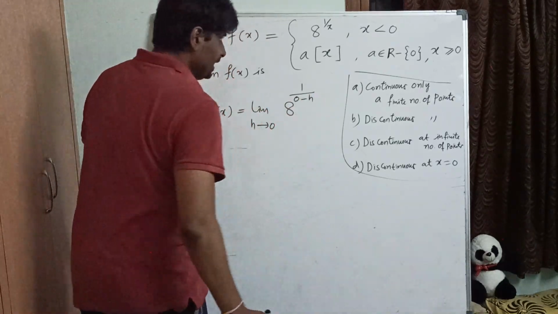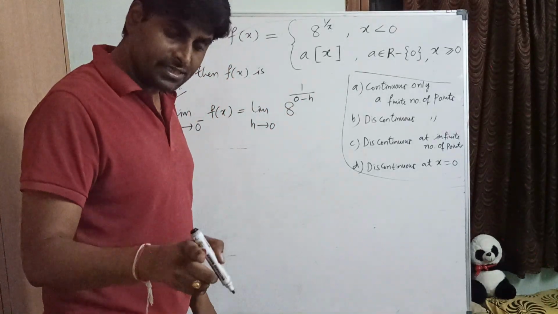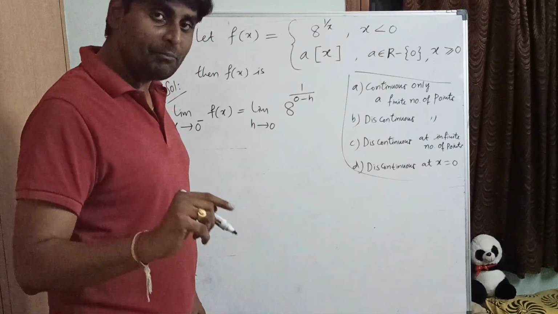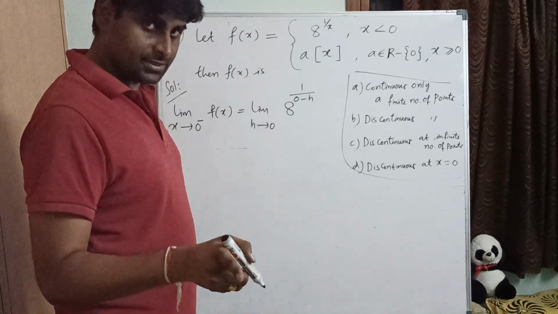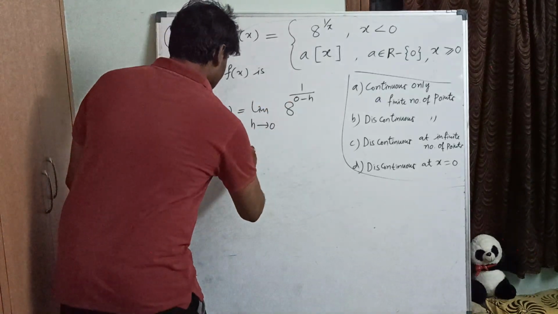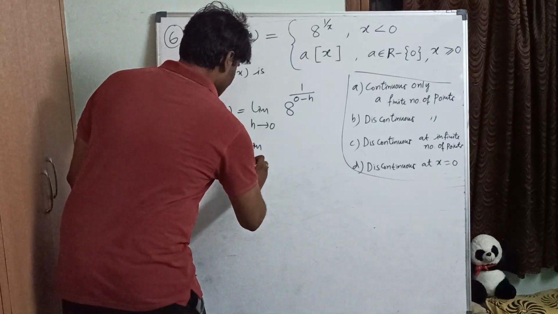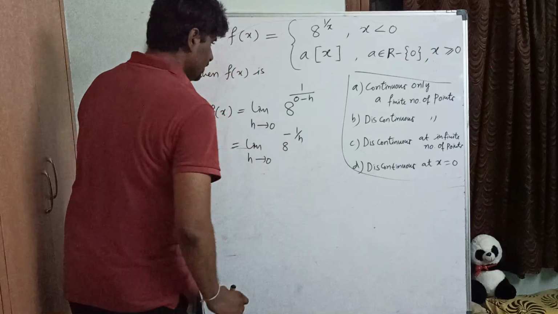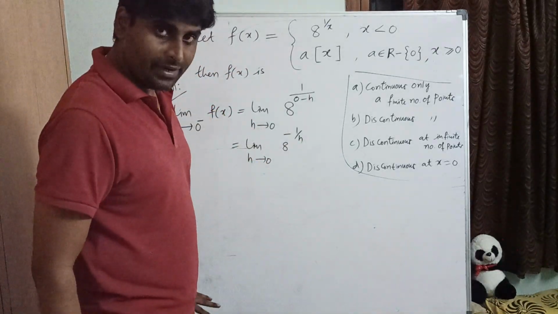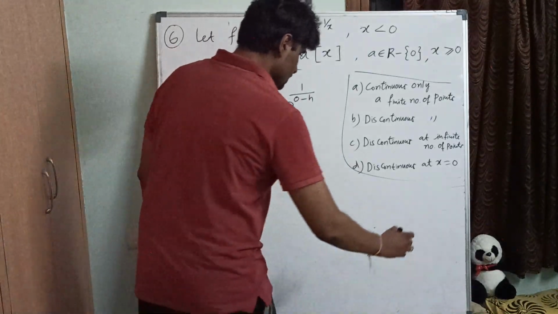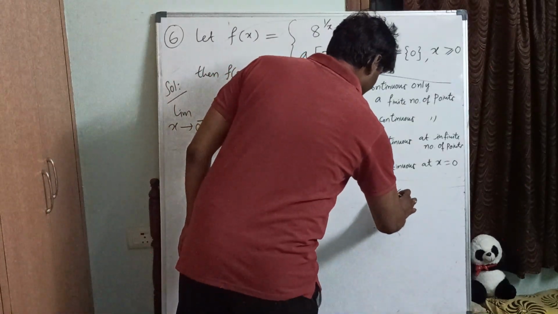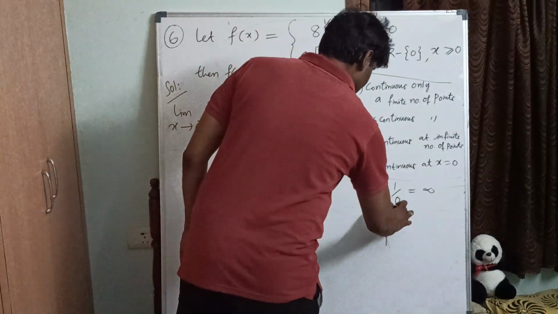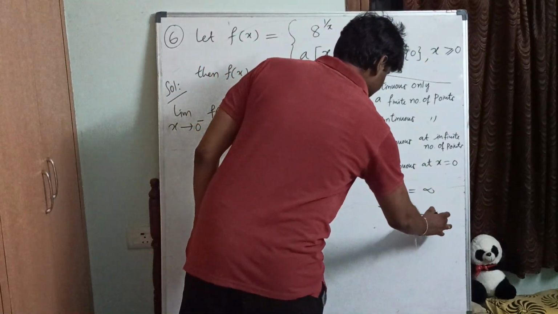For LHL we substitute 0 minus h in place of x, and for RHL we substitute 0 plus h in place of x, that we know. So now limit h tends to 0, 8 power minus 1 by h. You must know the value of this. 1 by 0 is infinity, so minus 1 by 0 is minus infinity.